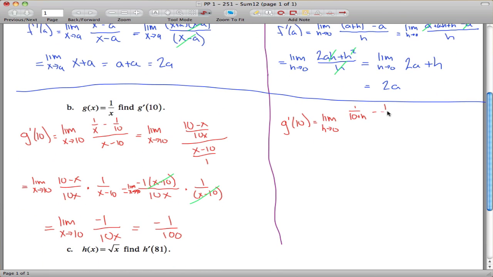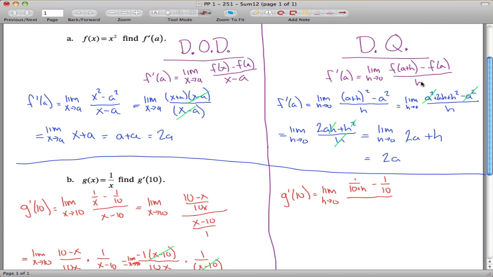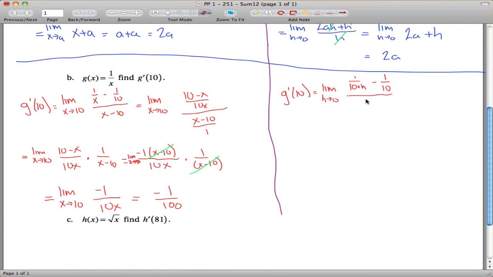So again, my a is 10, so this is 1/10, divided by h. So we have to evaluate this limit right here. Try making all the h's 0. It doesn't work. You get 0 over 0. All right, we can deal with it. We'll just have to do some algebra.